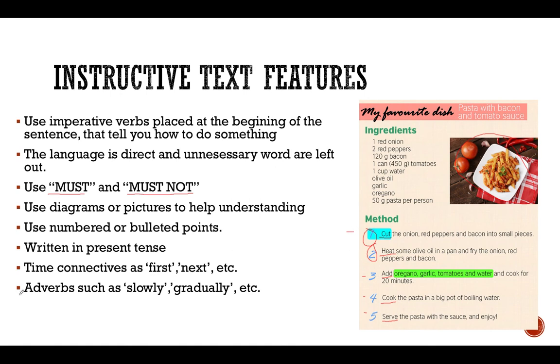And it's really common to find adverbs like slowly, gradually, or any kind of word that describes how to do something. So these are the features of an instructive text.